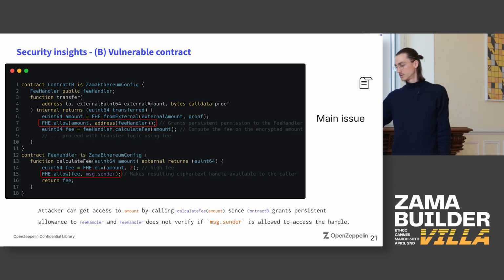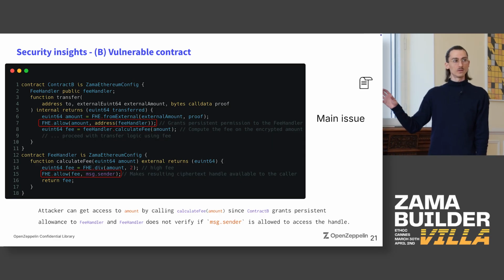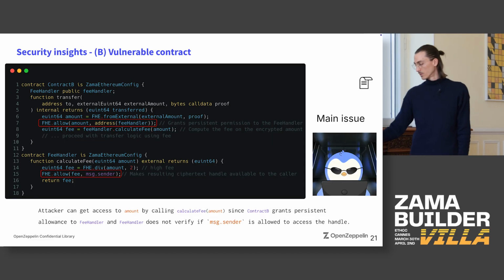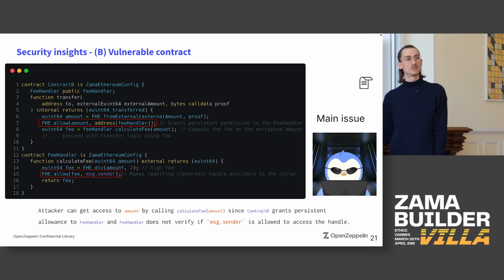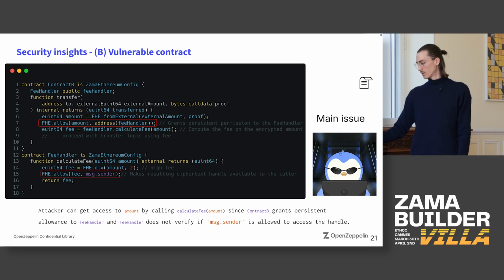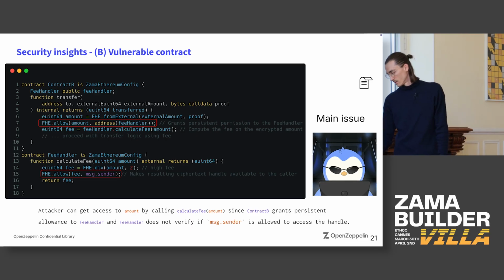We will jump right to the solution, so it will be easier to see what happens. So a safer approach. The issue here is that a malicious actor could decide to copy the handle of the encrypted amount and call the calculate fee function directly, and then this contract would grant some accesses to this malicious attacker. Let's see the solution.